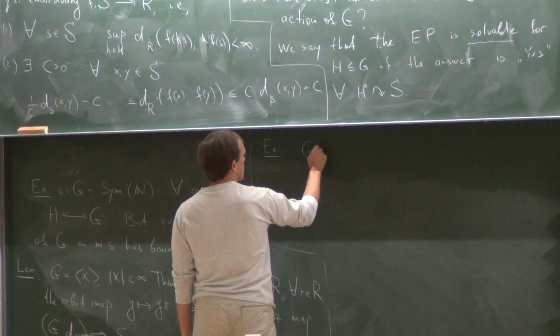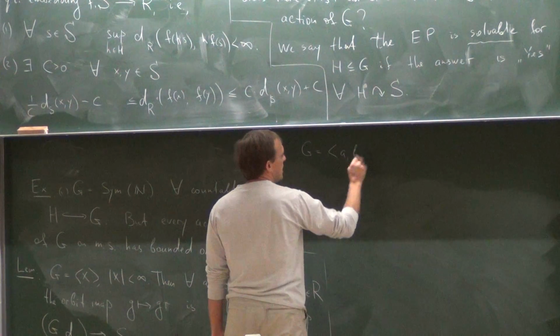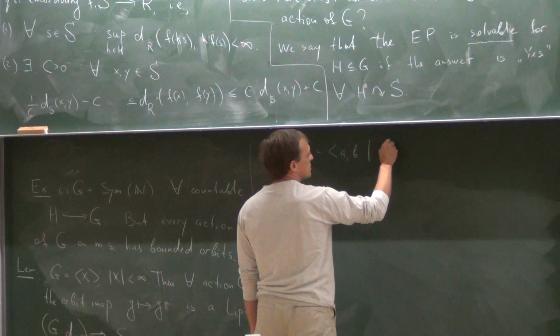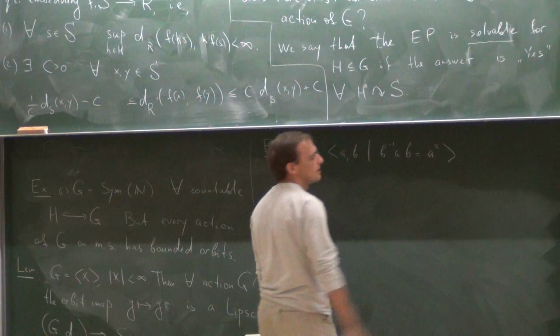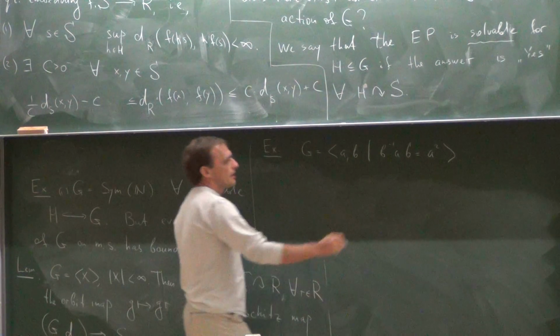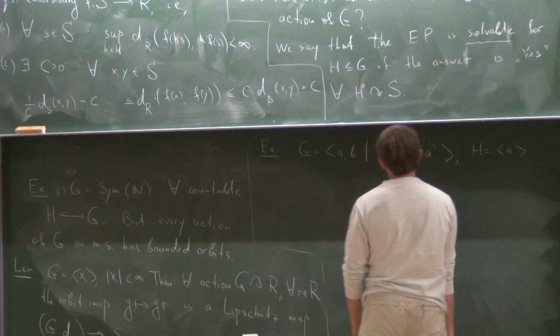So now with this lemma in hand, I can give you another example. Let's take G to be the Baumslag-Solitar group generated by a, b, and the relation is b inverse a b equals a squared. And let me take H to be the subgroup generated by a.